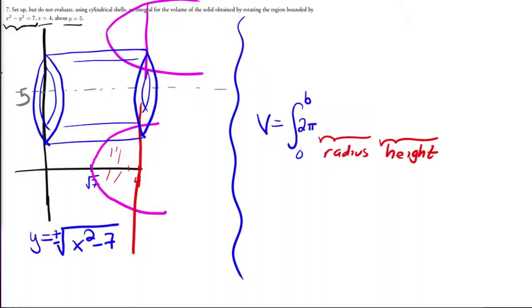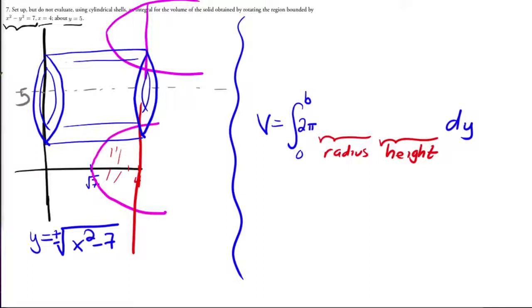Now, in this case, notice that the shell is lying down, so the radius and the height are functions of y. So I'm going to integrate with respect to y.